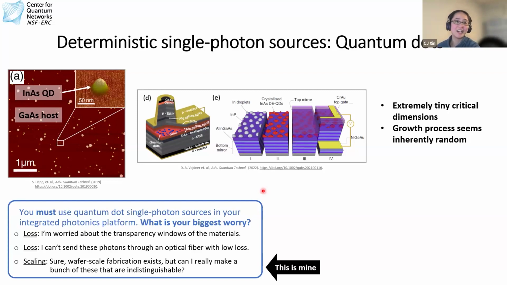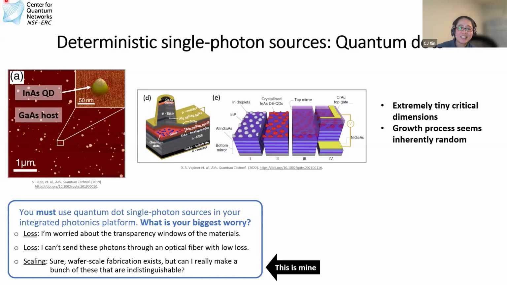But you can always get really unlucky. And then finally, the other thing that folks were concerned about, which I did think about, is sending these photons through optical fibers with low loss, because they're emitting not in the optical telecommunications band.